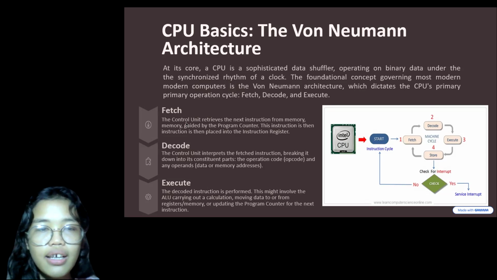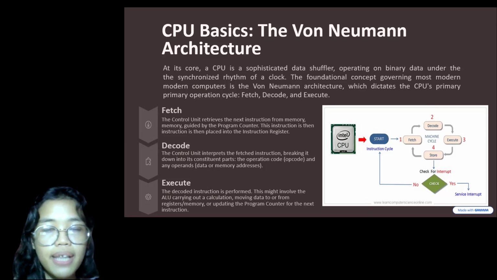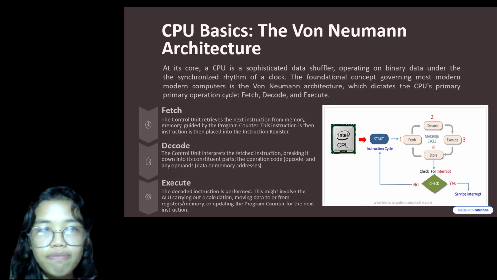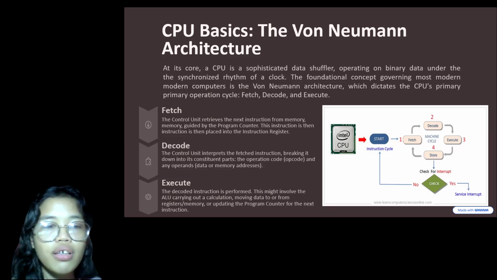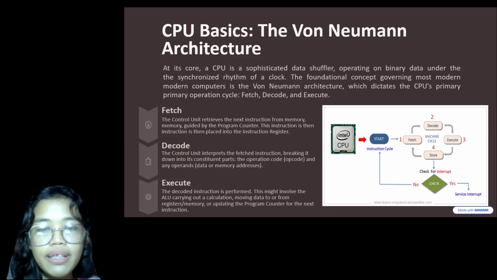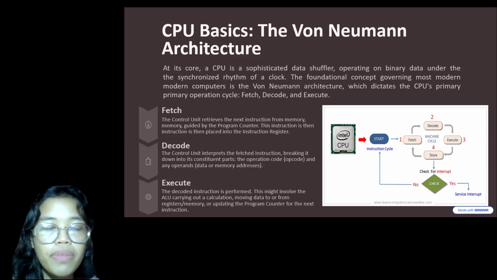And lastly is the execute phase. The decoded instruction is now being performed. This might involve the ALU, or arithmetic logic unit, carrying out the calculation, moving data to or from registers or memory, or updating the program counter for the next instruction.